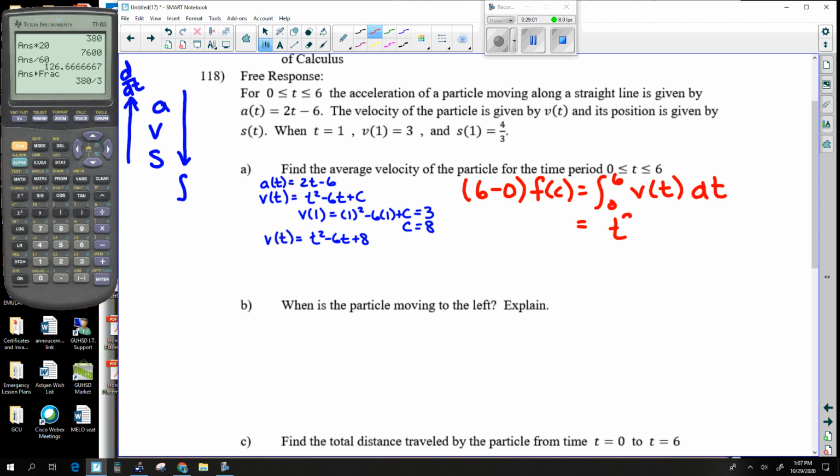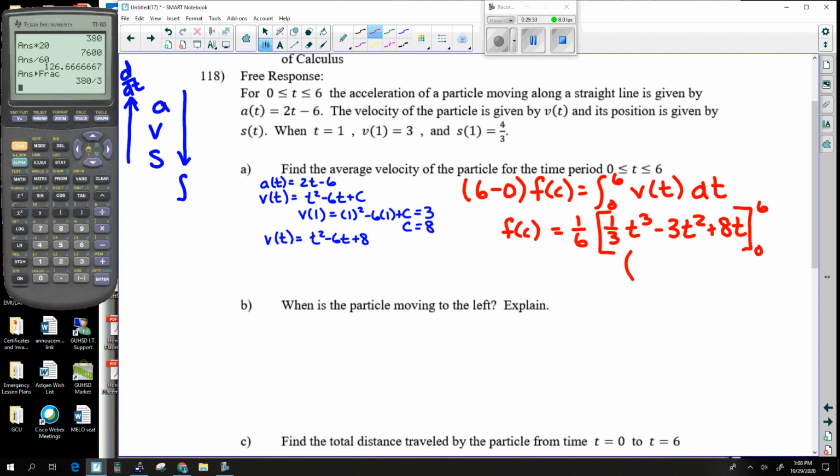This is going to be one-third t to the third minus 3t squared plus 8t, and then usually that's a plus c, but because it's a definite integral, we're going from 0 to 6. And I'll bring over the 1/6, and that's going to be equal to my average value.